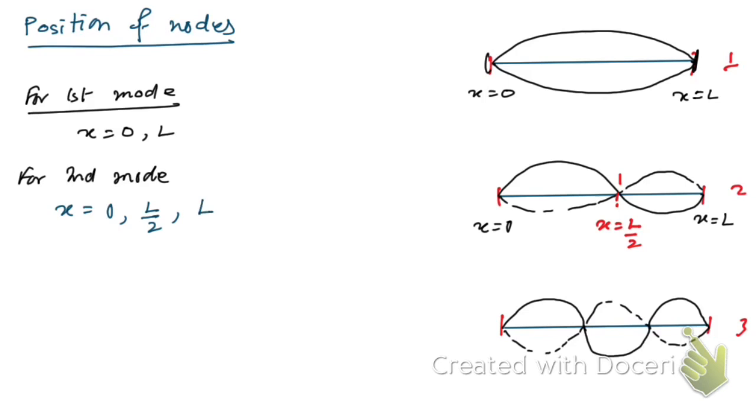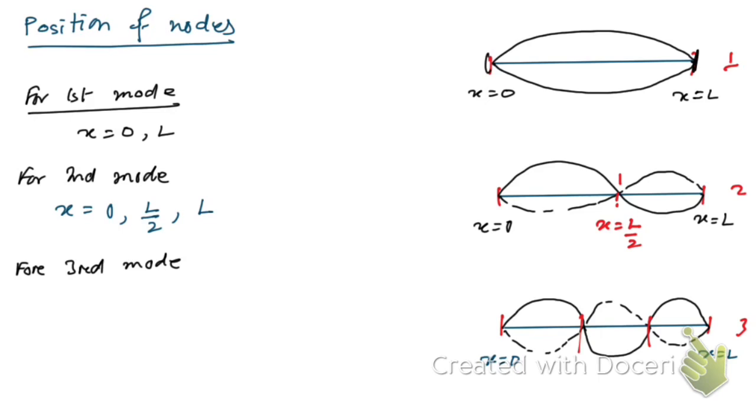Similarly for the third mode, what we're going to get: x is equal to 0, this is x is equal to L. Between these two we are getting 2 more points. So here you see there are 3 equal parts.